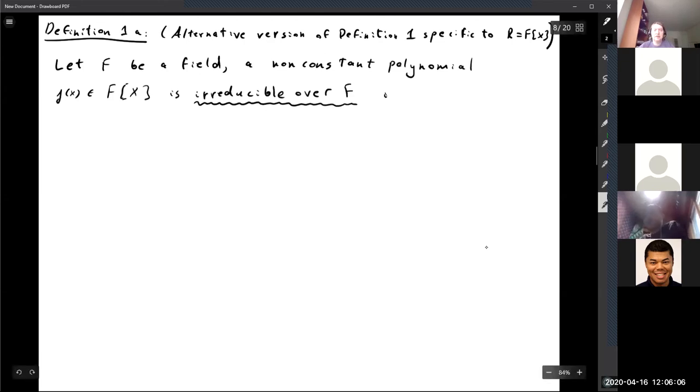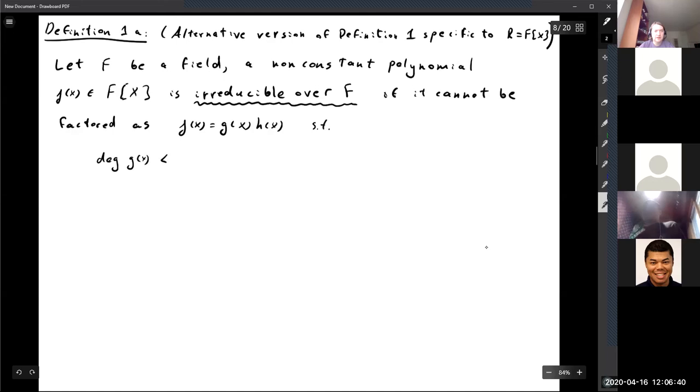if it cannot be factored as f of x equals g of x multiplied by h of x, such that degree of g of x is strictly less than the degree of f of x, and degree of h of x is strictly less than the degree of f of x.